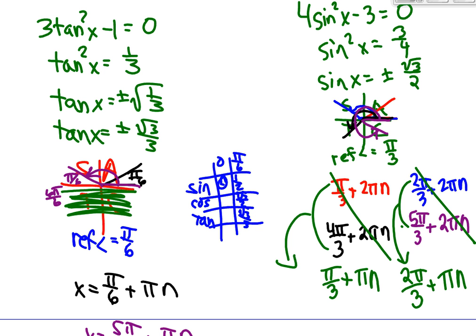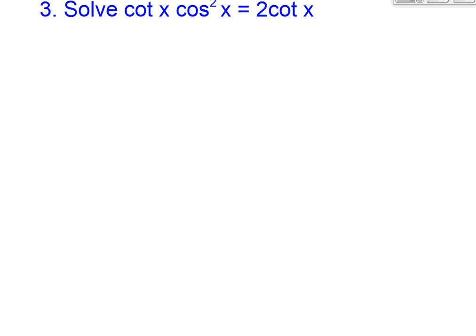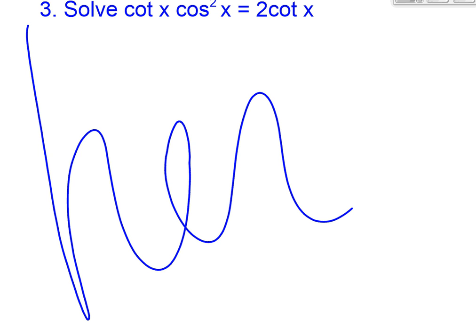So just a little note to self that sometimes tangent is a little different because the period is just pi, but even with sine and cosine, we can look at problems like that. And so it was my real goal to get done with this one, but we'll be here next time. Because there you go.